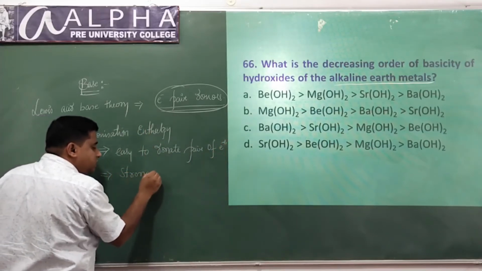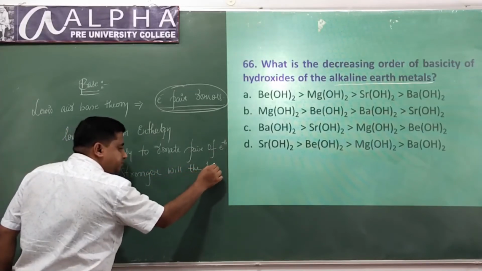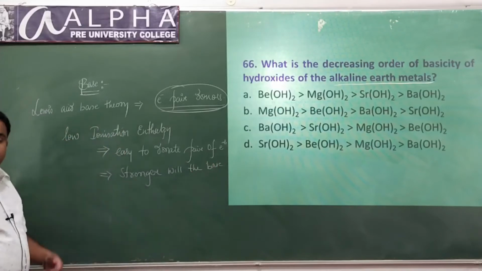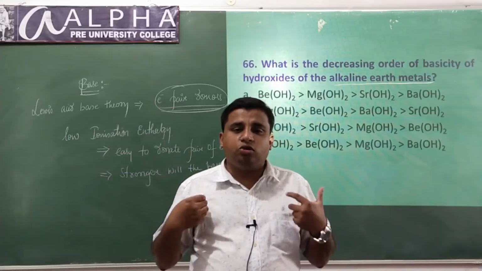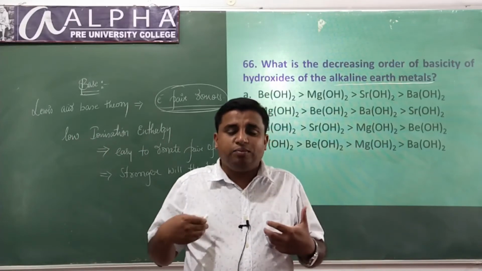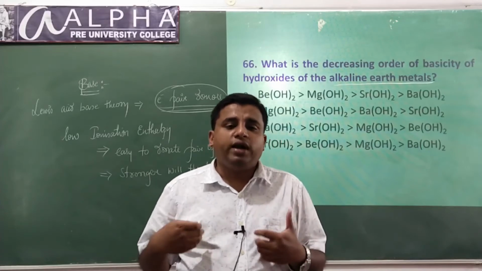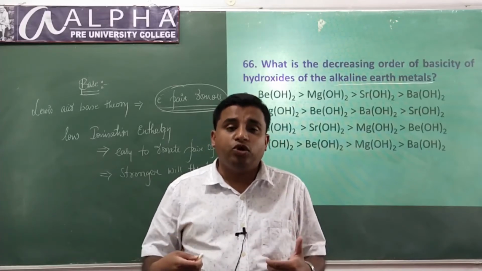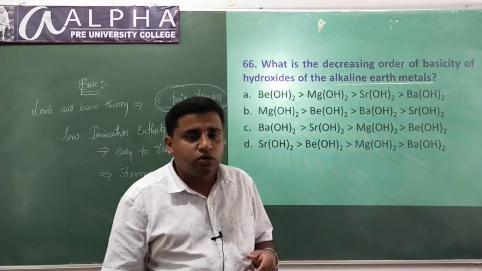If I can donate my electron pairs, I'm going to be a base. If I donate my electron pairs easily, then I'm going to be a strong base. If I cannot donate my electron pairs easily, then I'm going to be a weak base. I hope you understood.